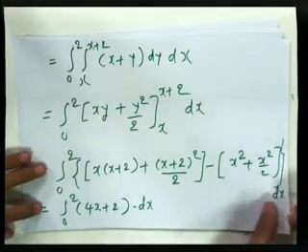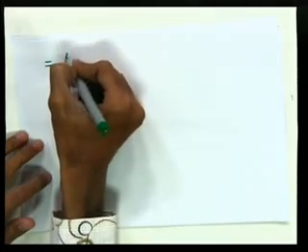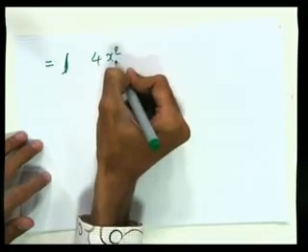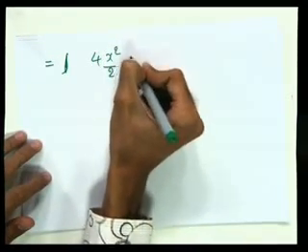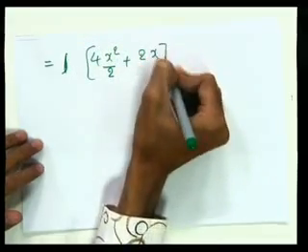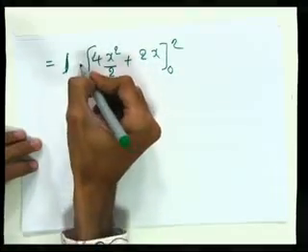Then we will integrate, and we will get 4x square by 2 plus 2x, and the limit is from 0 to 2.